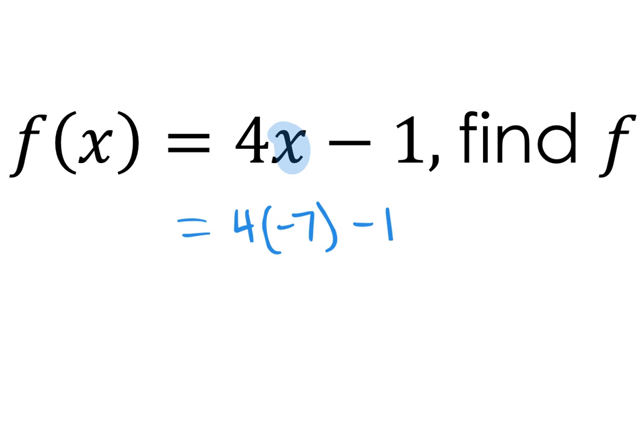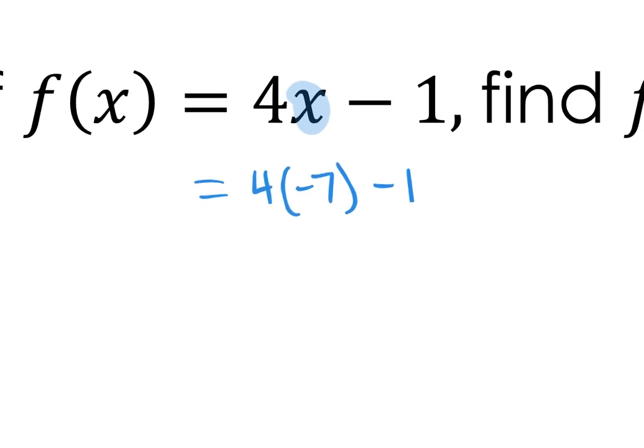And again, once we've plugged that in, now you're just using order of operations, which means we need to do this multiplication first. So 4 times negative 7 is going to be, if you don't know, you have a calculator. We're not just passively waiting for someone to do the math for us. Negative 28, very good. And then I'm going to bring down the minus 1.